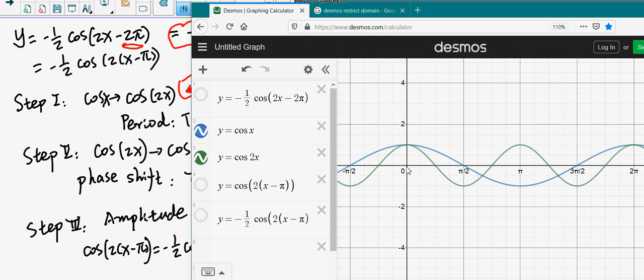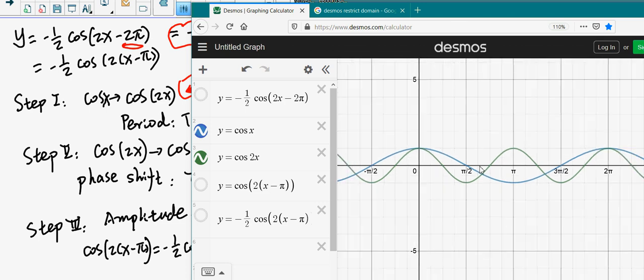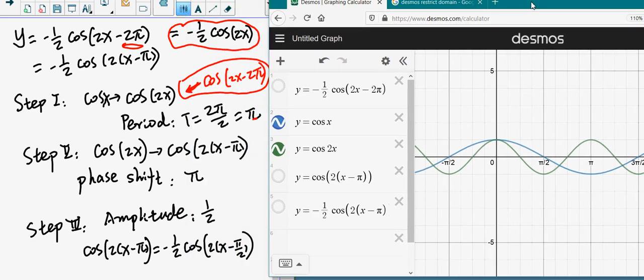Now from 0 to pi is one period. So we did step 1. Then we consider from 0 to pi. That will be the first step. Cosine x to cosine 2x.